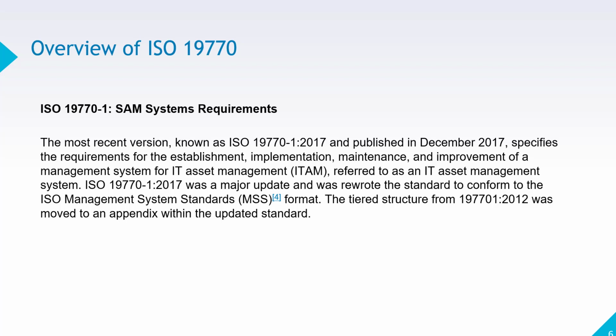ISO 19770-1 for the year 2017 was a major update and rewrote the standard to conform to the ISO Management System Standards, MSS format. The tiered structure from 19770-1 for the year 2012 was moved to an appendix within the updated standard.